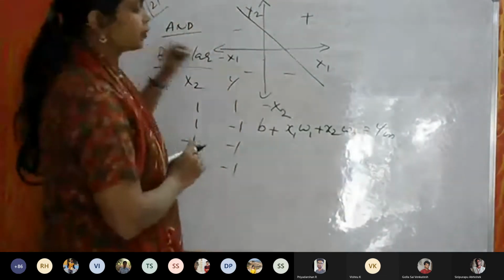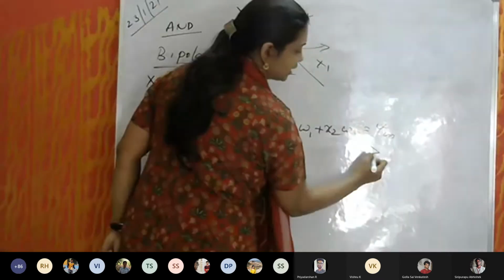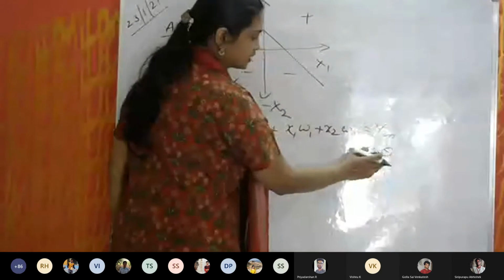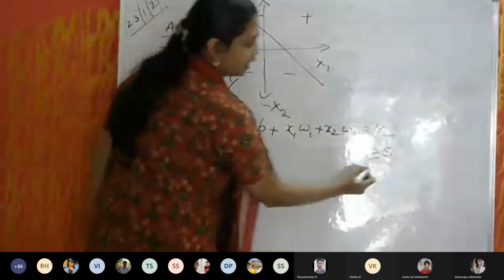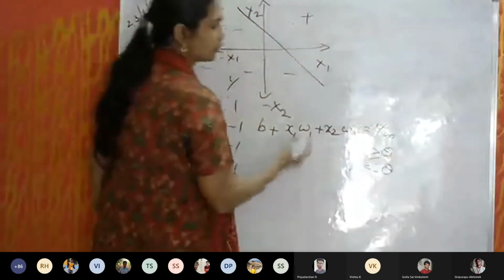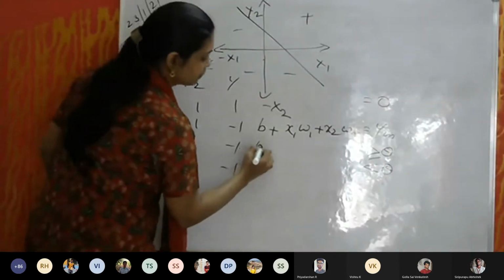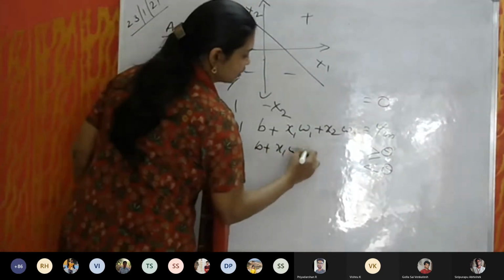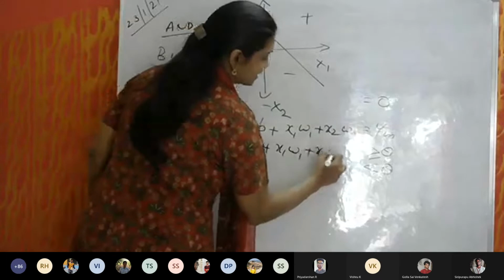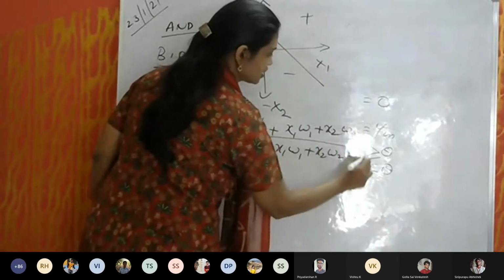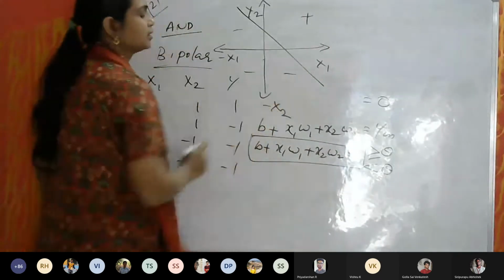To get a positive response, this should be greater than the threshold. To get negative, it should be less than the threshold. On the line, I will assume equal to 0. So b plus x1 w1 plus x2 w2 equals 0 on the line.